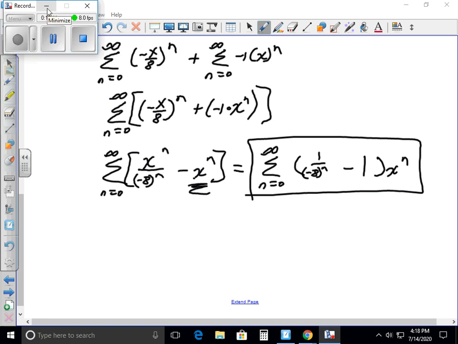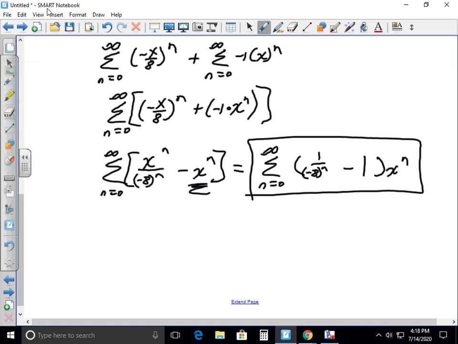Okay, so we have our series. In that format, that's not exactly a standard geometric, a times r to the n, because this part is changing. As n changes, this coefficient changes.